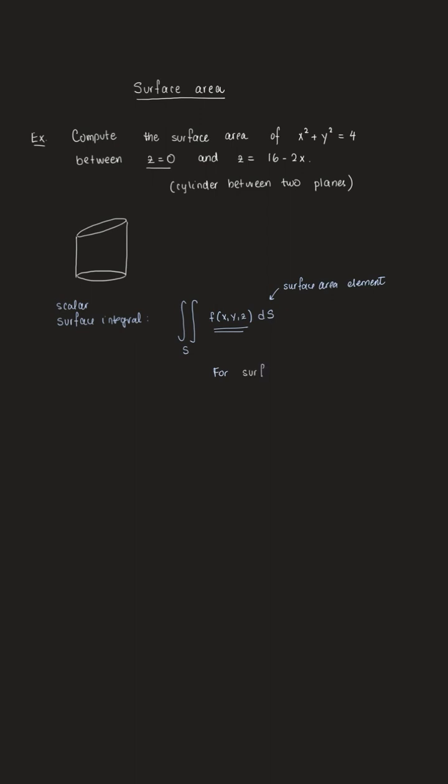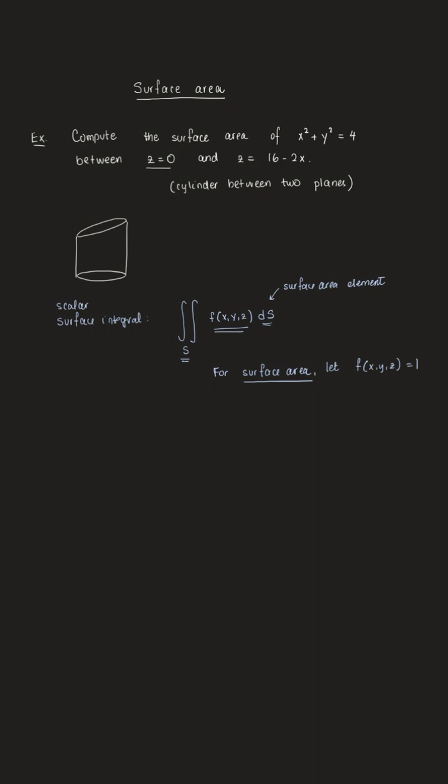So that's what we'll do. For surface area alone, we will let f of x, y, z equal 1. And that will just basically add up all of those tiny little patches on our surface as they get arbitrarily small, and we have the surface area of our 2D surface in R3.